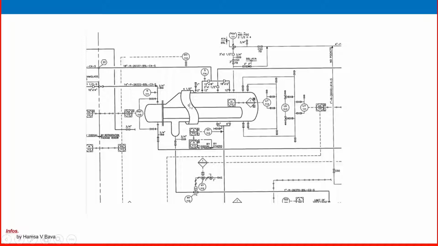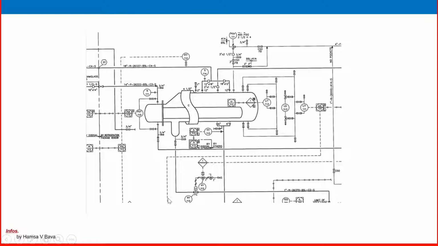The hot fluid level we are maintaining, and the cold fluid level we are maintaining, and the hot fluid is passing through the tube side, and the tube is immersed in the cold fluid level. That's why you see the level indicator, level shutdown logic, level indicator transmitter, level glass, level transmitter, and level indicator controller.